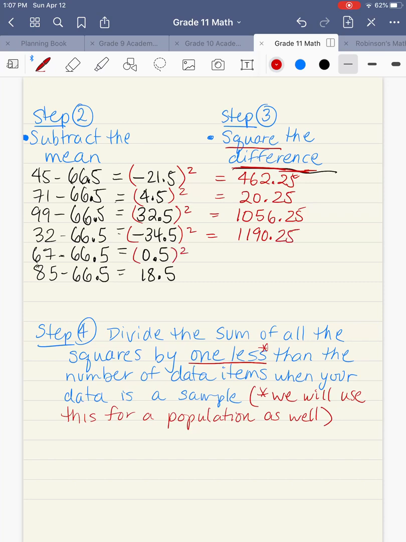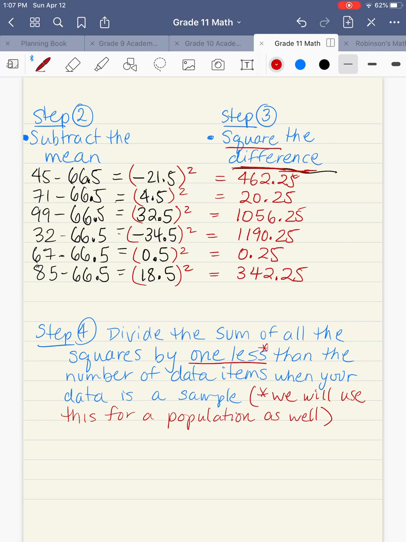And if we square 0.5, we get 0.25. And if we square 18.5, we get 342.25. So now we've completed step 3. We squared the difference. So now we're going to move on to step 4.